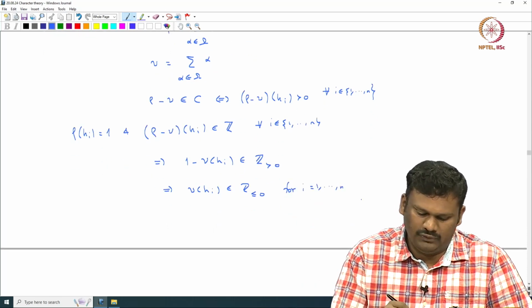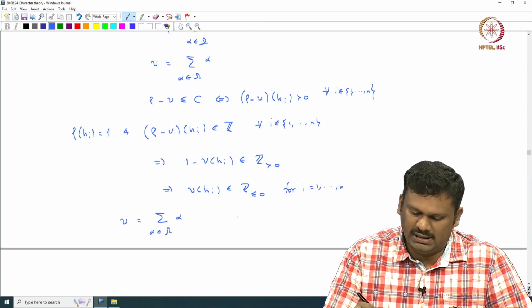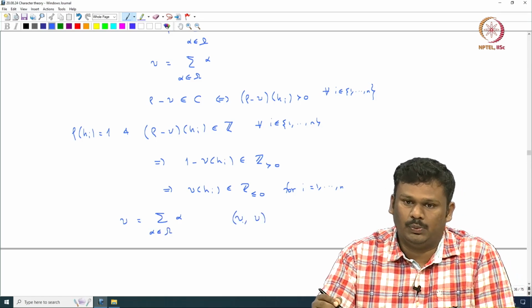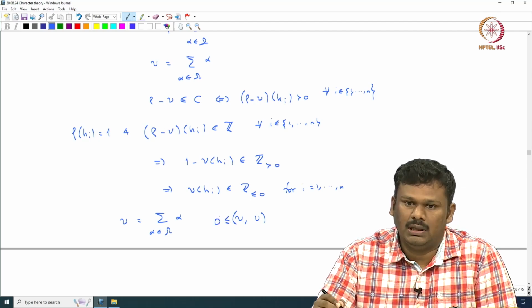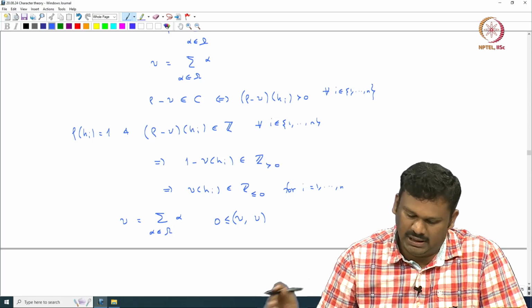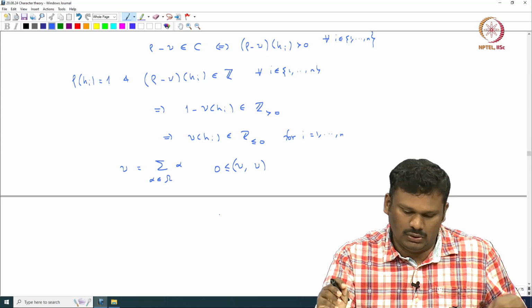Now V, being a sum of positive roots, if you take the inner product V with V, that is supposed to be greater than or equal to 0 for sure. If omega is non-empty, this must be actually greater than 0, but anyway for us it is enough to see it is greater than or equal to 0.